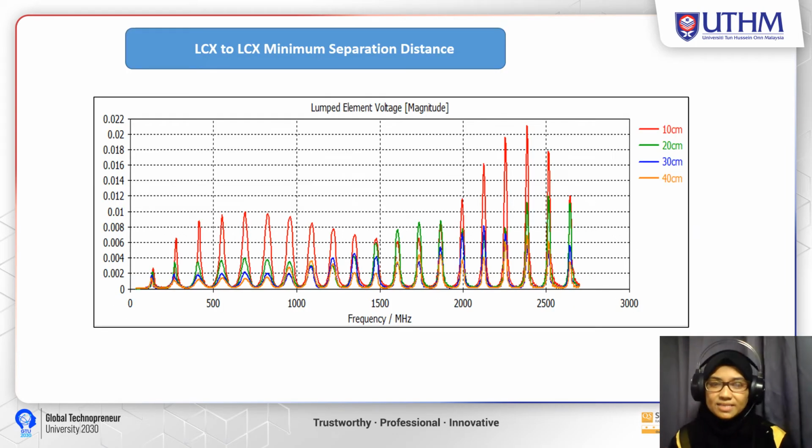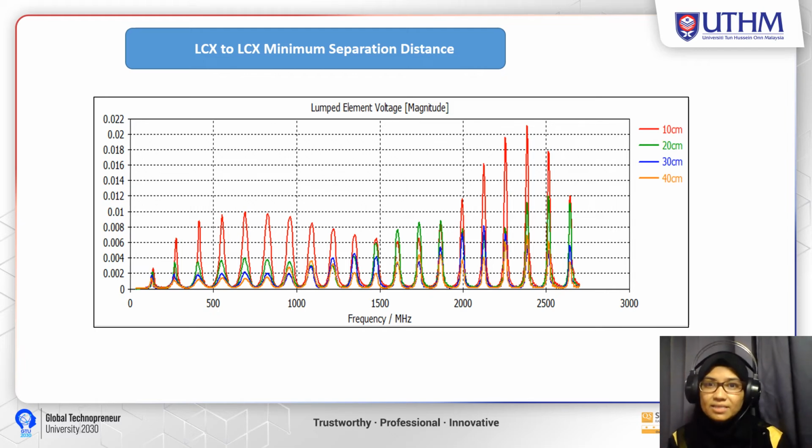You can see that this is the combined result for every distance. The highest maximum induced voltage obtained is at 0.1 meter, and it is obvious that the induced voltage decreases as the spacing increases.